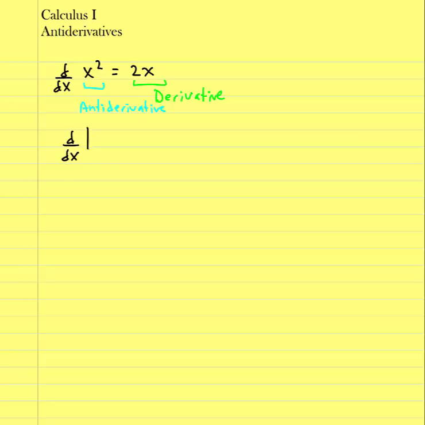So the derivative with respect to x of what, we want to fill in the blank here, is equal to 3x. So I kind of have to reverse what we're looking at here. So the question is, what did I take the derivative of to get to 3x? Okay, well if we start guessing, one guess could be maybe it was the derivative with respect to x of 3x squared.